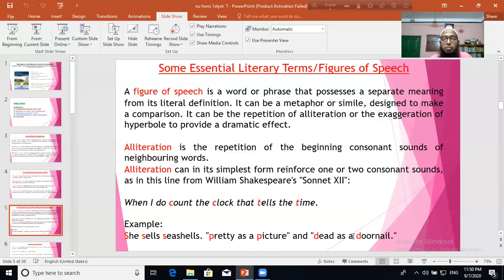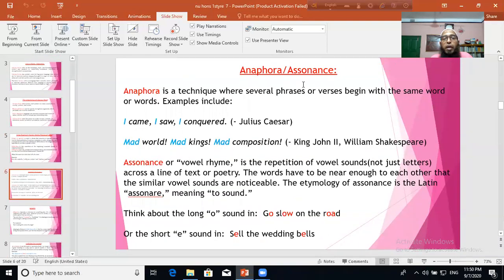The da sound has been repeated. So the repetition of consonant sounds in neighboring, closely related words is called alliteration. This literary term, a figure of speech, is used by poets and writers to make it rhythmic or give a musical tune.